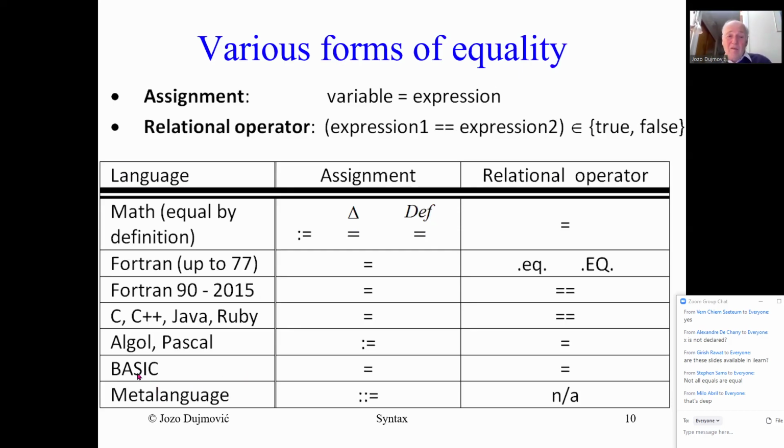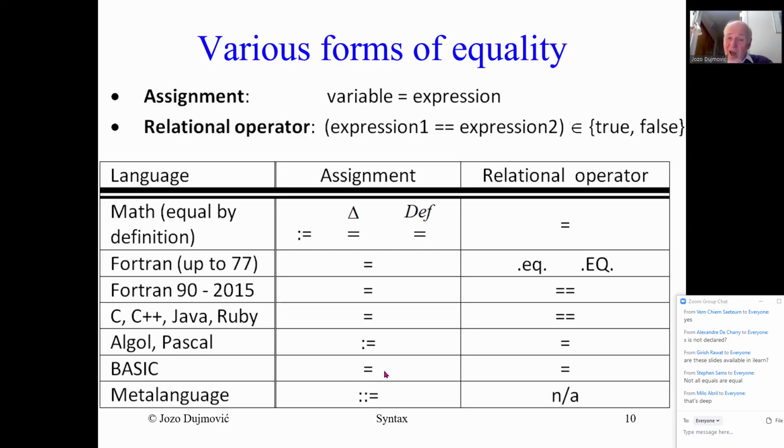However, some languages like BASIC say we are going to use the same symbol for assignment and for relational operator. How is that possible? Well, they say, you know what, a compiler is not stupid. You see from context what you want to do. So we don't need to have two different symbols. We are going to use the same symbol here and here. So if you say if A equals 3, then do something, then the compiler understands that this is a relational operator.